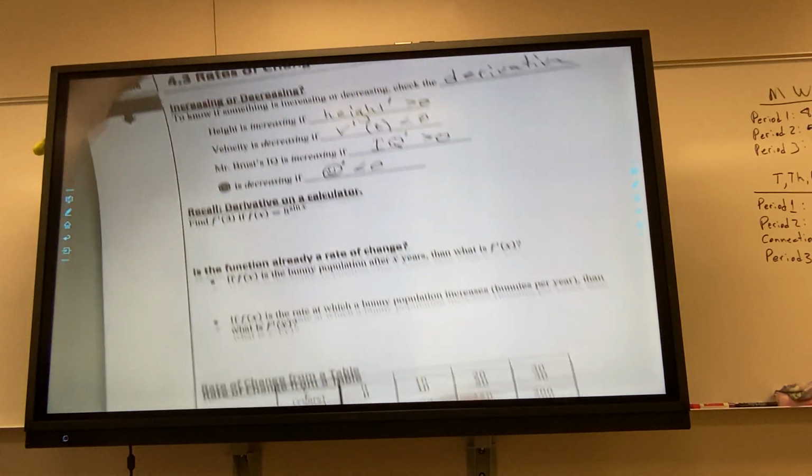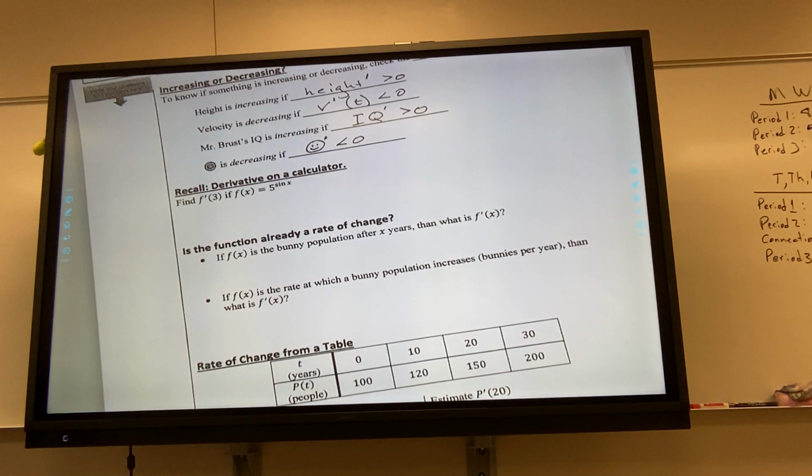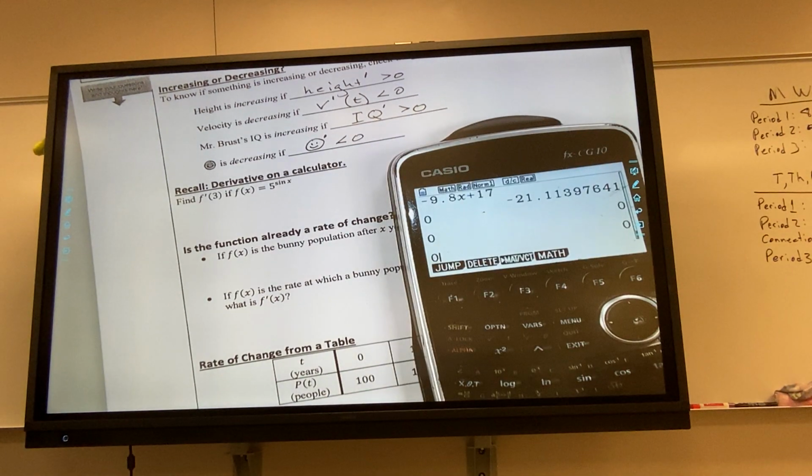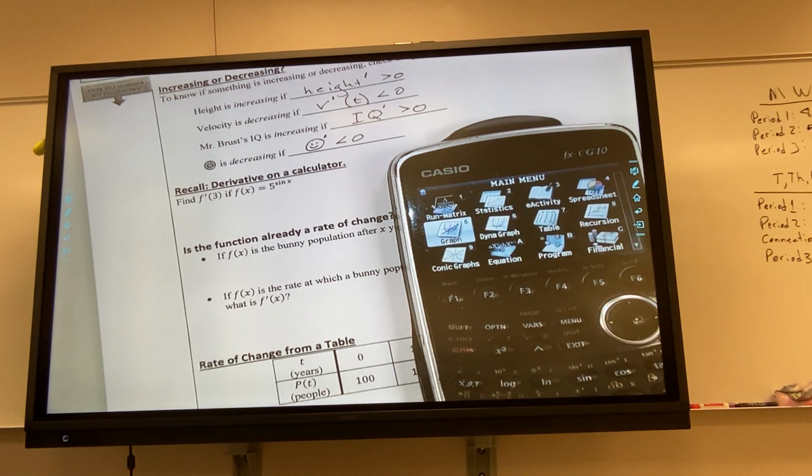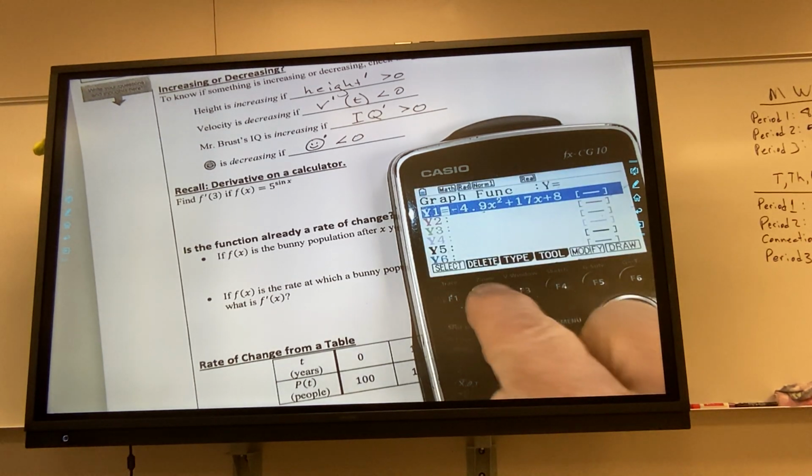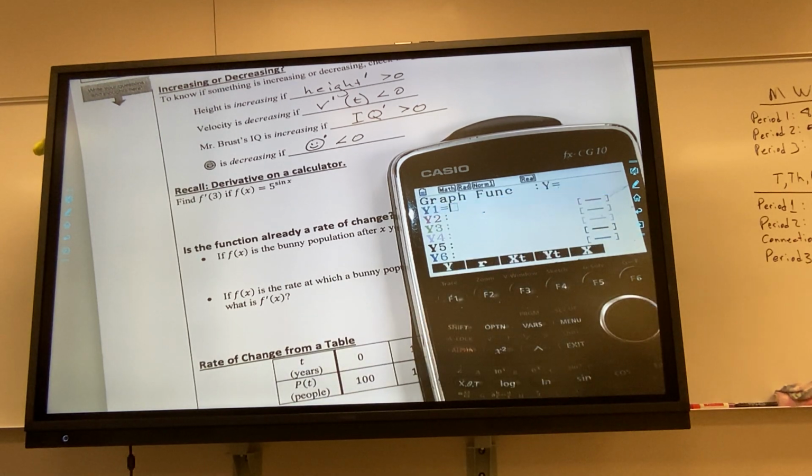Okay, recall, derivative on a calculator, absolutely fantastic. So get out your calculator. We're going to put into our graph 5 to the power sine of x.